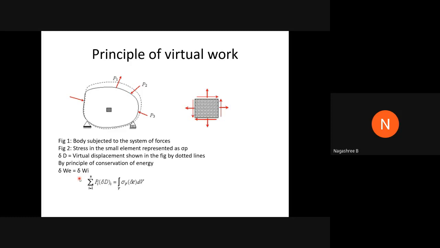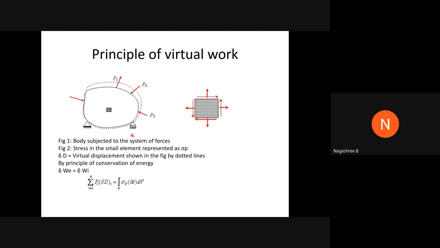Here it can also be represented as sigma Pi delta di, where the subscript i represents the forces 1 to 3, meaning P1, P2, P3. So sigma Pi into delta d is force into deflection, and deflection is the delta d value.